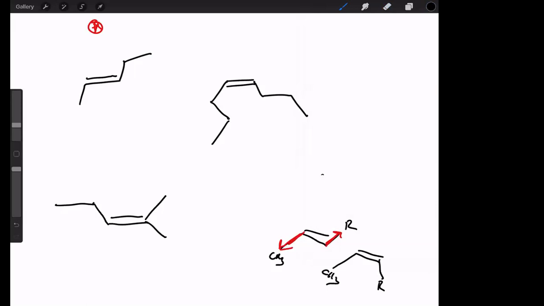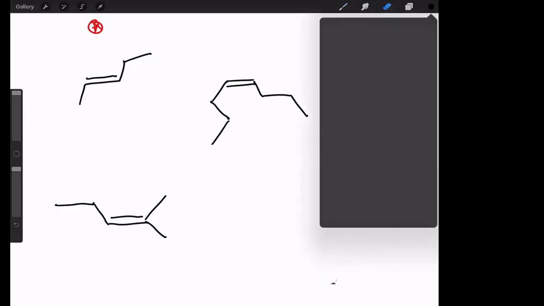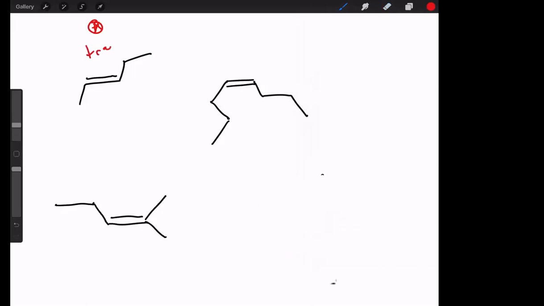Okay, so what's this one? The one at the top left-hand corner, that's trans. What's this one? Cis. What about this one?